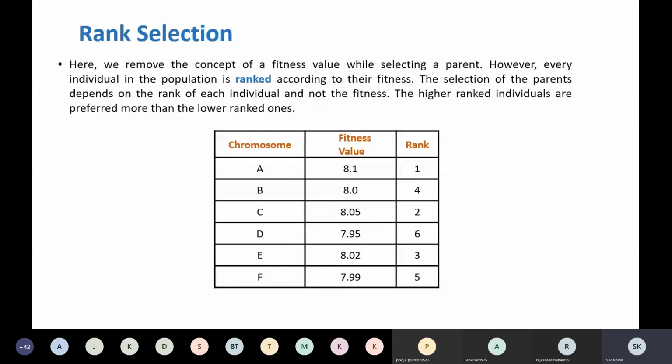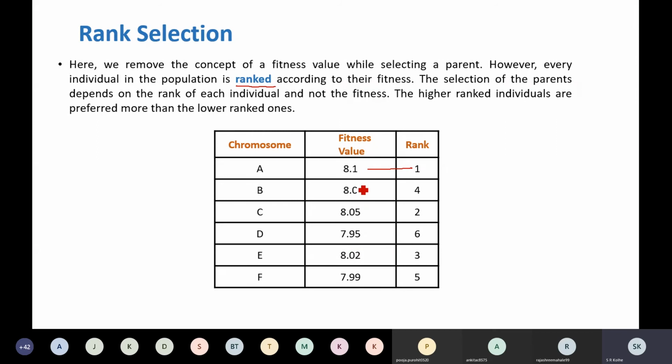What we are going to do here is remove the direct use of fitness value. We will convert those fitness values into ranks. Every individual in the population is ranked according to their fitness value. If fitness value is higher, for example 8.1, its rank will be higher.